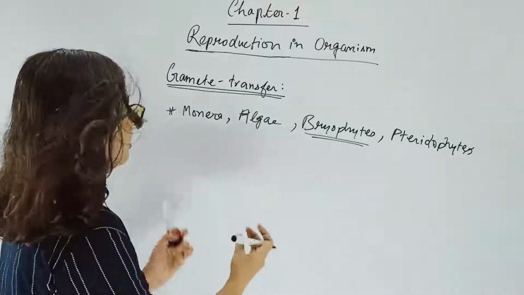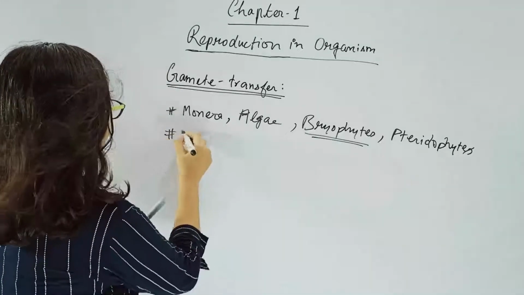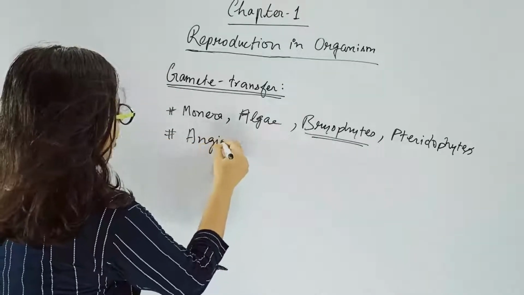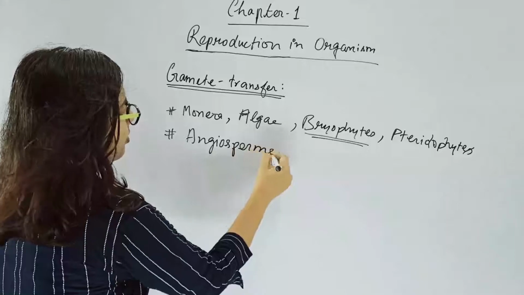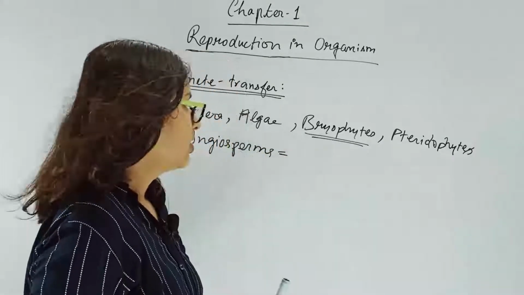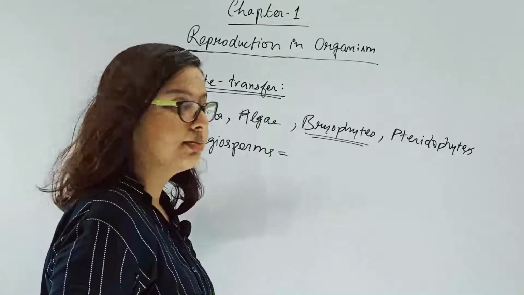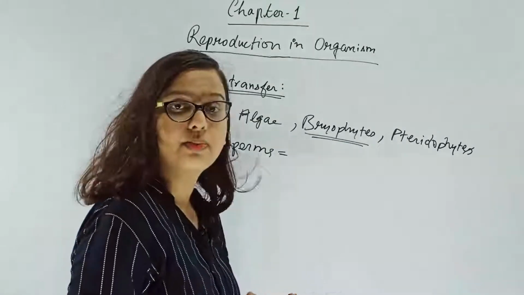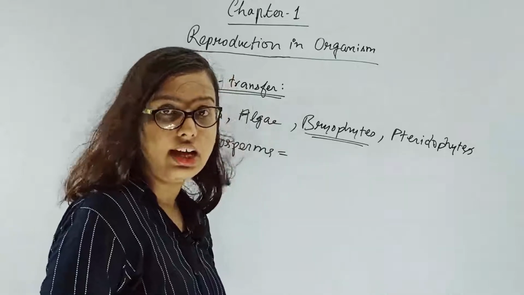Now, in case of angiosperms, what happens? Angiosperms, you know, are highly evolved plants. So they are heterothallic in nature, meaning they have well defined male and female reproductive structures on their flower.